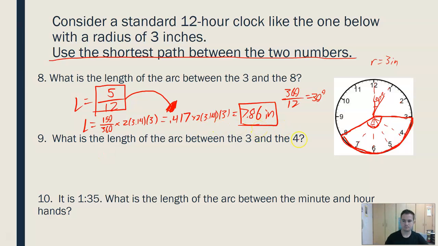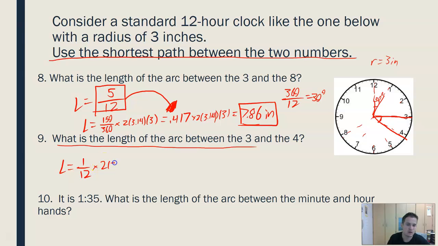Okay, next question. What is the length of the arc between 3 and 4? If I just want the arc between 3 and 4, I want this section right here. That's just one section out of 12 total sections on the outside of this circle. So the arc length is going to be 1/12 times the circumference, or times 2 times pi times r, or times 3.